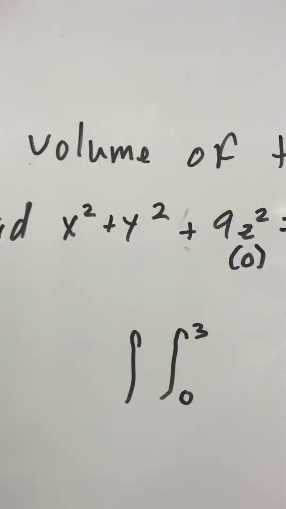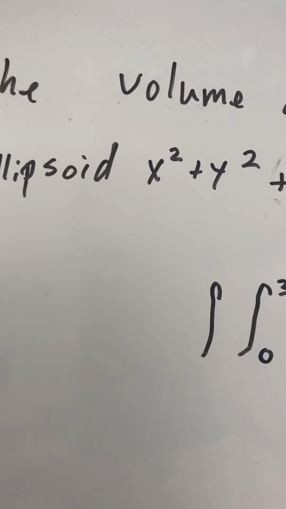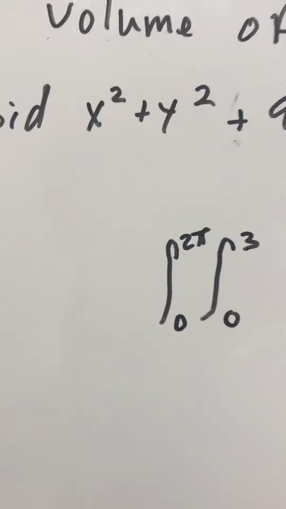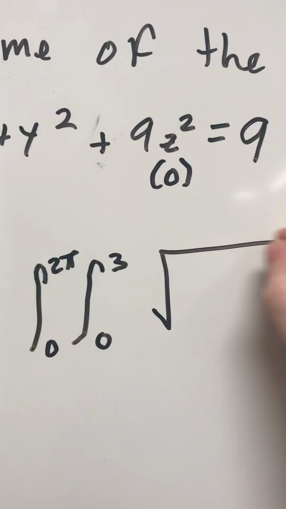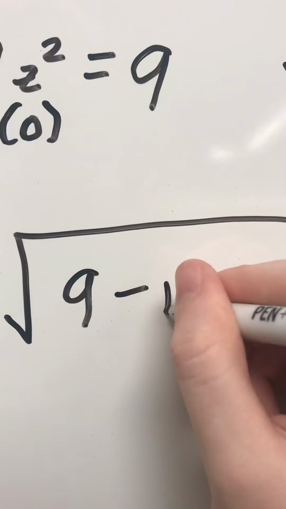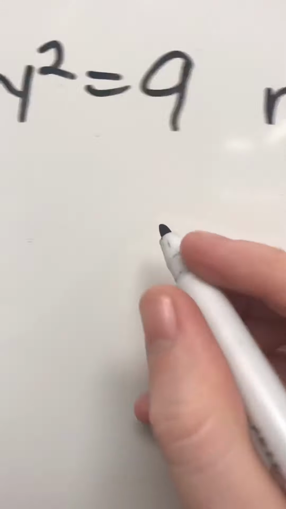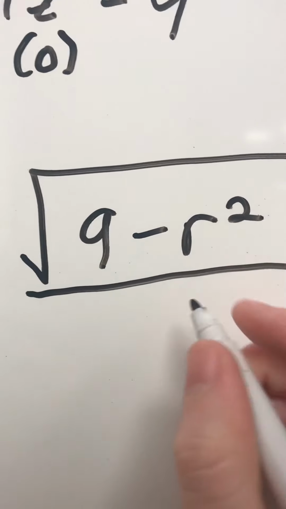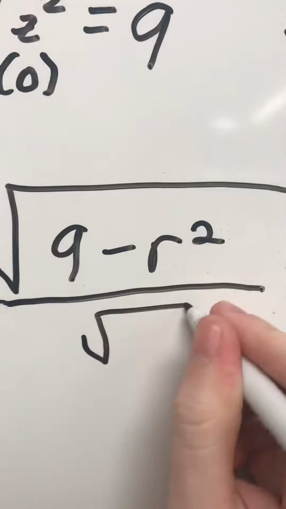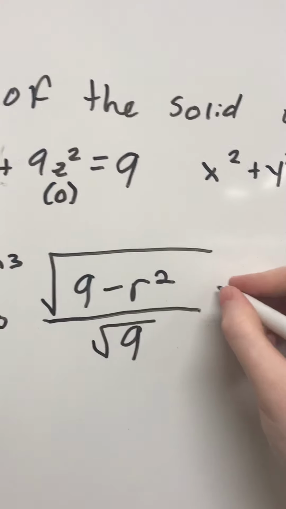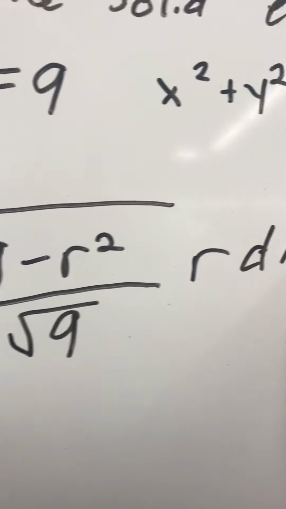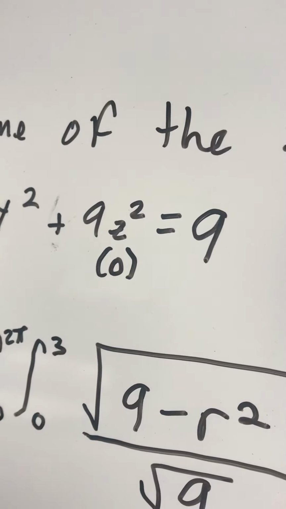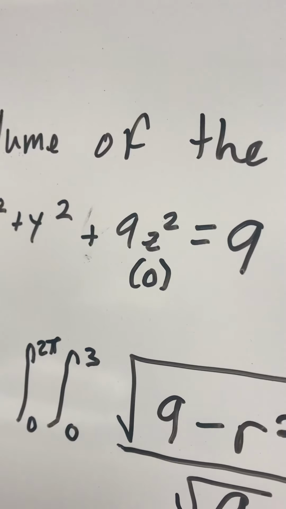And then we want the whole thing, so it's going to be 0 to 2 pi of the square root of 9 minus r squared, over the square root of 9, r dr d theta.